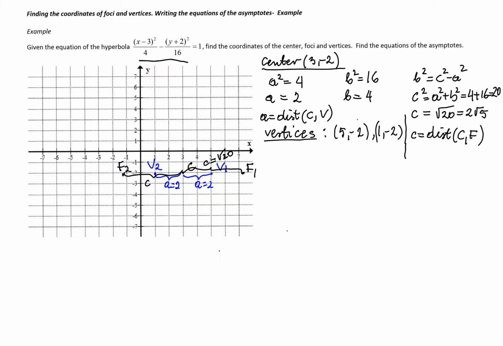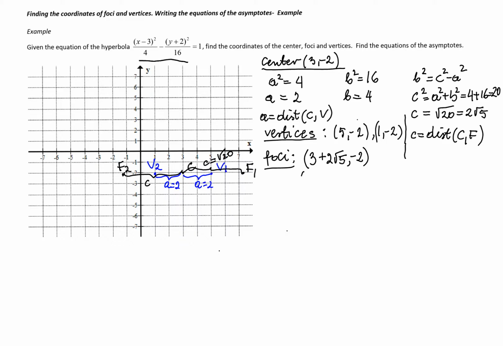So the coordinates of the foci, therefore, are going to be, well, focus f sub 1 was obtained by, you can say, shift of the center by square root of 20 units to the right, and therefore its x-coordinate, the coordinate of the center, which was 3, was increased by the amount of shift, which is 2 square roots of 5, and the y-coordinate stayed unchanged.